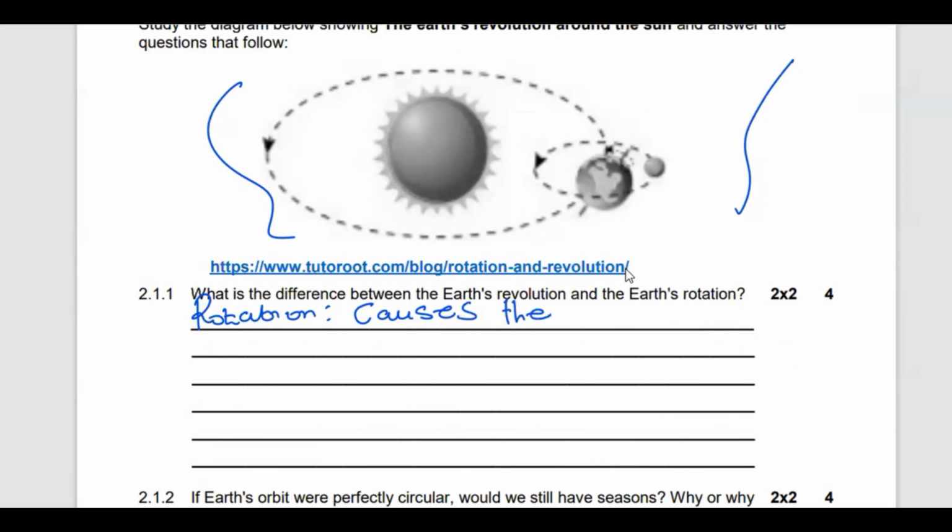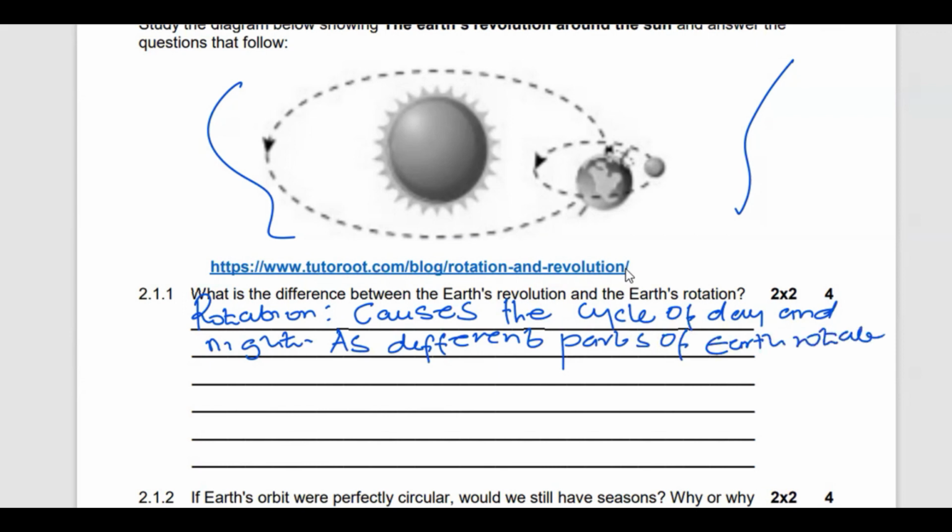the cycle of day and night as different parts of Earth rotate towards the sun.